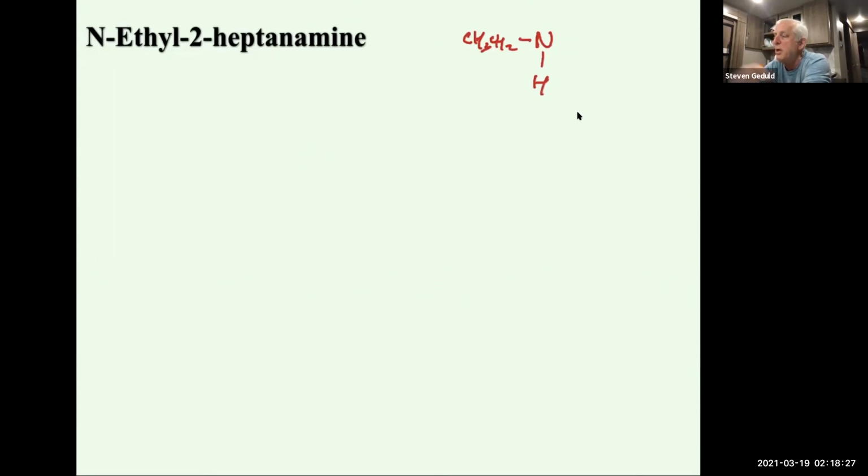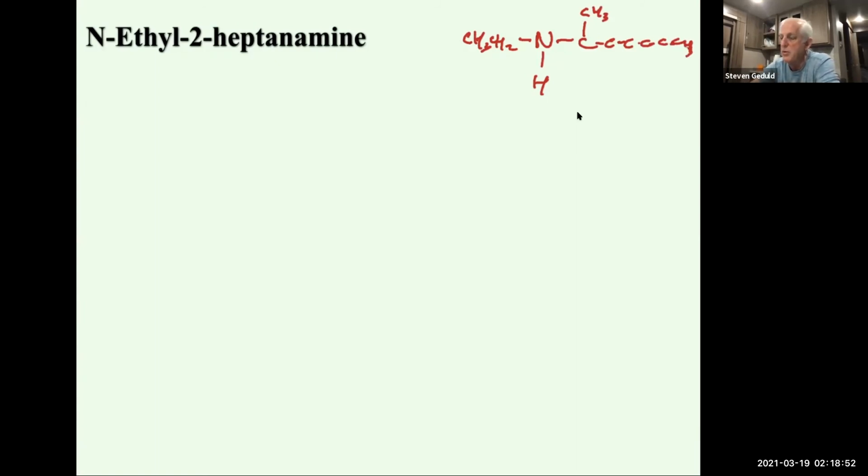But the number 2 is going to be the carbon bonded to it. So 1, 2, and then you have 5 more carbons. You can write them up this way. 1, 2, 3, 4, 5, 6, 7 carbons. And fill those in with hydrogens. CH3, CH2, CH2, CH3.